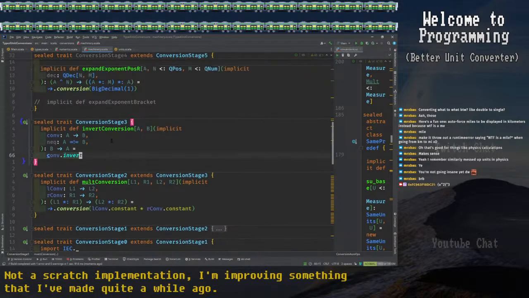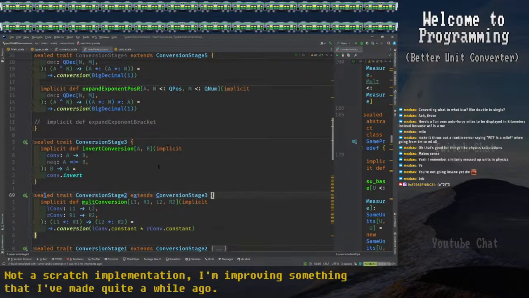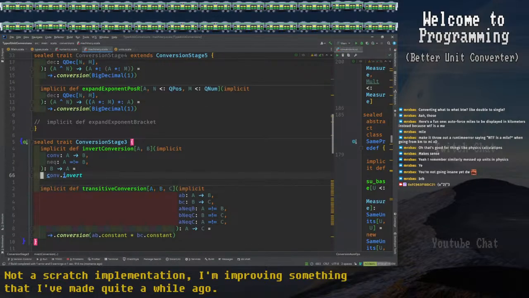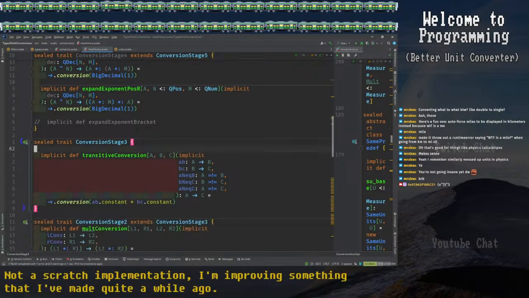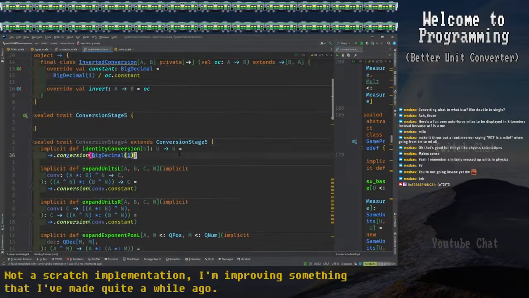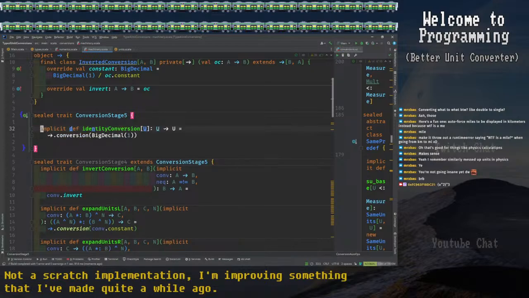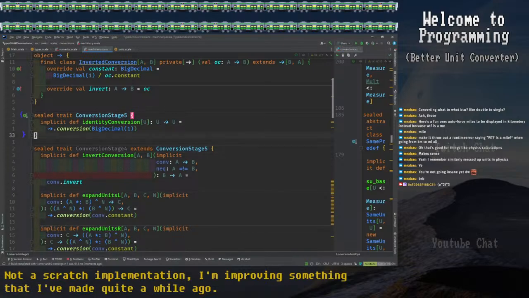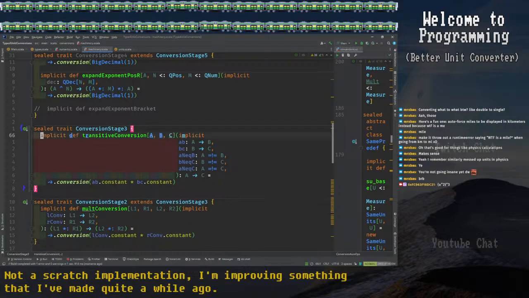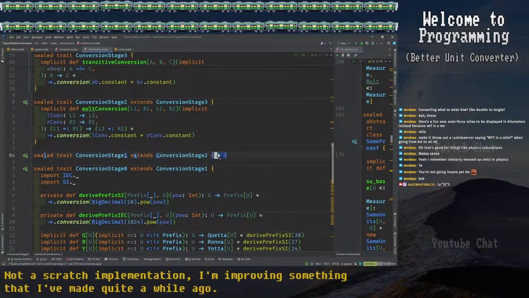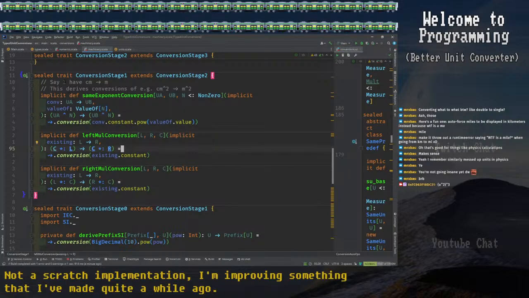Where does anything go here? Where does anything go in here? That's a good question. Oh no, what have I done?